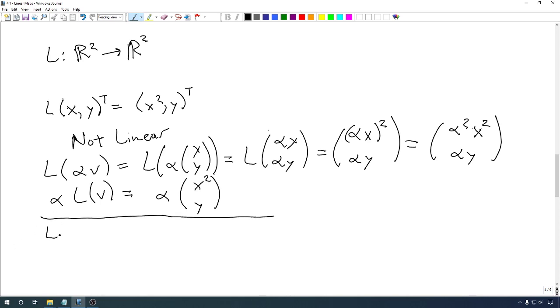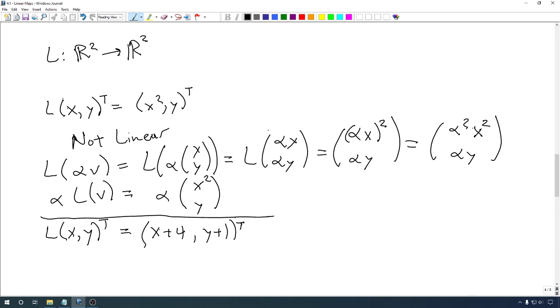Another example that might be a little bit more surprising, but if you remember what we said about from R to R, maybe it won't be as surprising. If we were to take (x, y) and map that to something like (x plus 4, y plus 1), it might feel like that should be linear, but that is not a linear map.